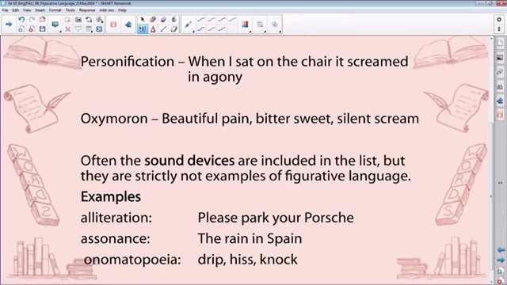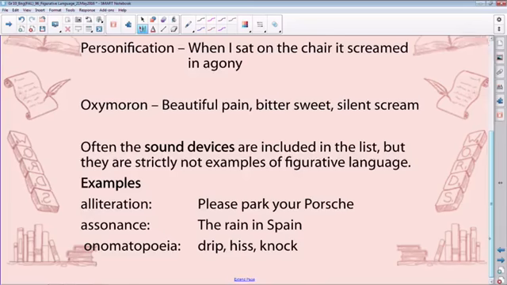So our sound devices, we have the examples of alliteration, okay, which is the repetition of a consonant. Please park your Porsche. We have assonance, okay, which is the repetition of vowel sounds. The rain in Spain. And we also have onomatopoeia, okay, which are words that imitate the sounds which are described.